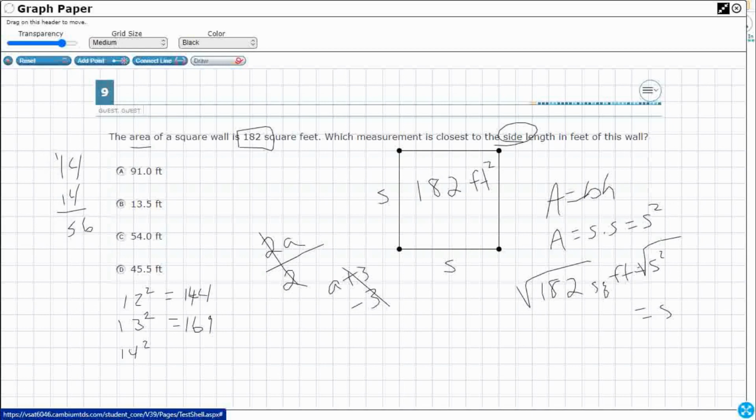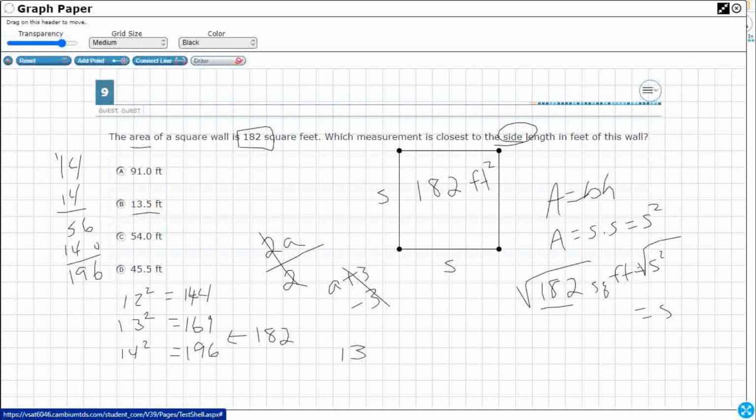It's going to be 56. Oh, that's 196. Okay, so that's 196. So look at my 182. It kind of falls right in between there. So it's going to be between 13 and 14. So it's going to be 13 something. And the only one that really works there is that 13.5. So it could be that 13.5.